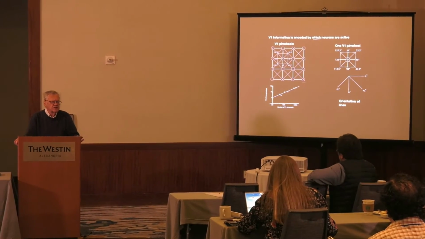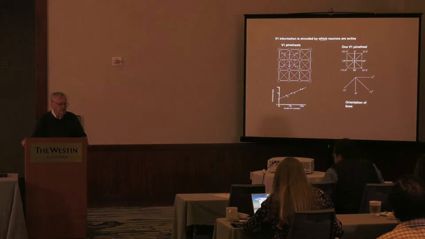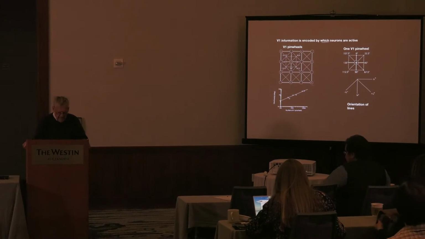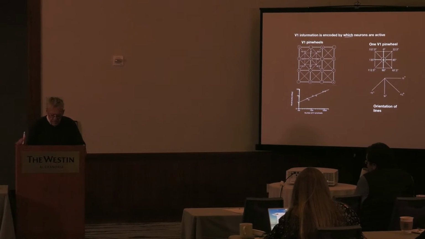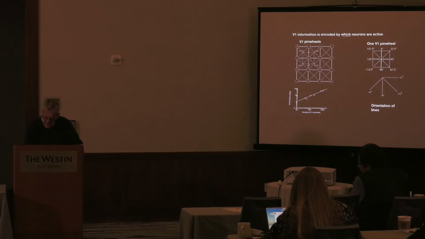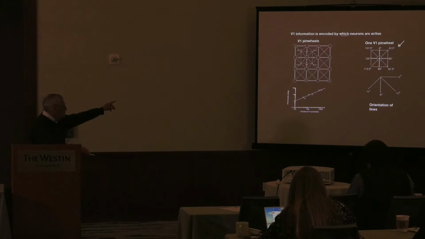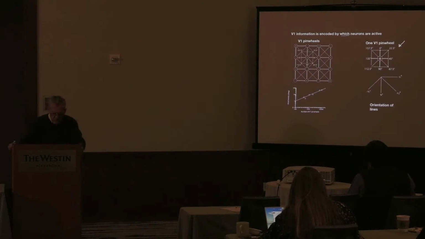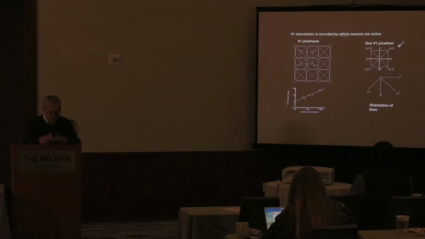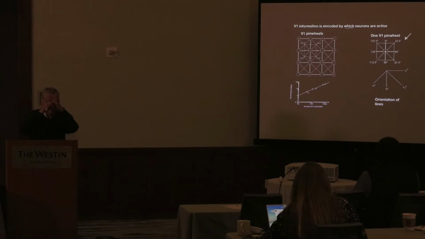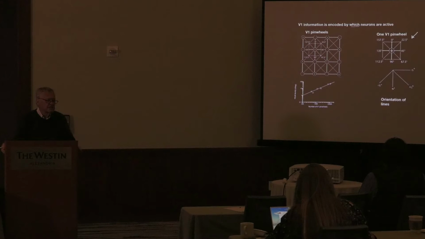And there's an interesting structure in V1 that are called pinwheels, and right here is an example of a single pinwheel, and that same pinwheel is on the left over there in the middle. So there are 9 different pinwheels in this piece of visual cortex, maybe that big, and each one is on the order of 1 millimeter squared.